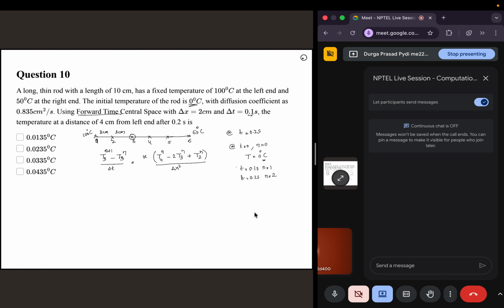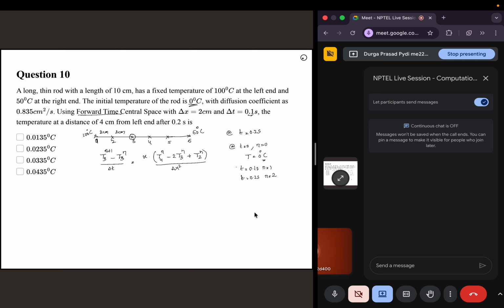One key point here is, since we are solving a parabolic equation, the information from the boundary will be passed throughout the domain, which means I cannot simply solve this equation independent of every other node. I have to take into account the influence of other nodes also. So first I have to solve for n equals 1. Take this equation for all the nodes, solve for n equals 1, get the temperature values, and use those values to solve for n equals 2. So this will be a two-step thing.